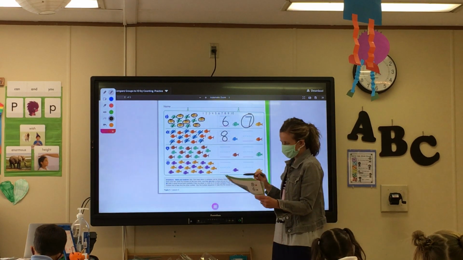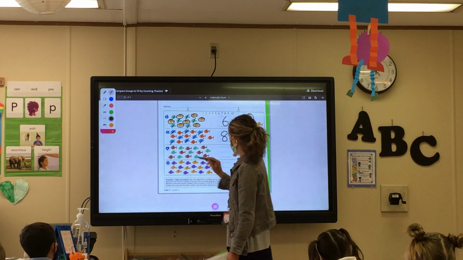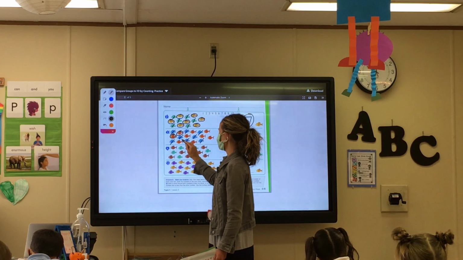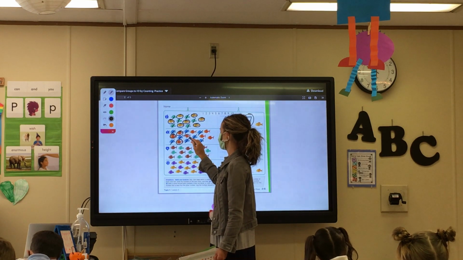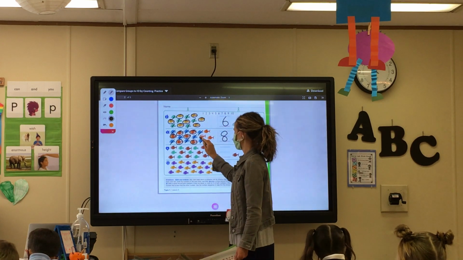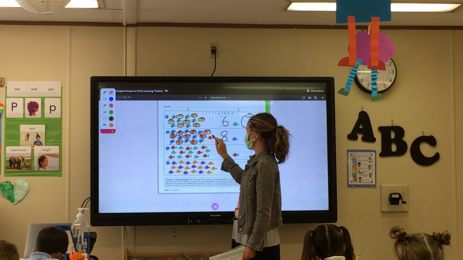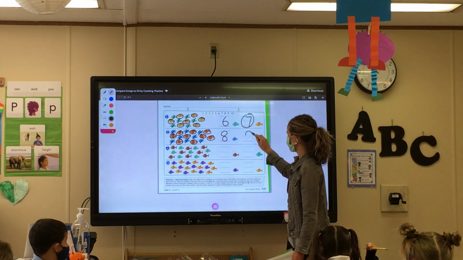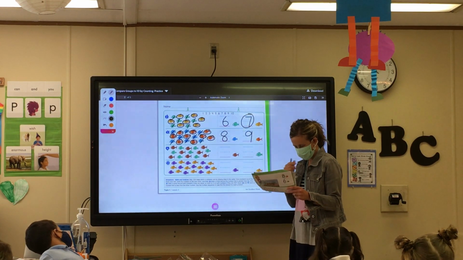And then we've got these, they're kind of reddish orange fish, right? Okay, here we go. Let's mark them and count. 1, 2, 3, 4, 5, 6, 7, 8, 9. Okay, so 9 red orange fish.